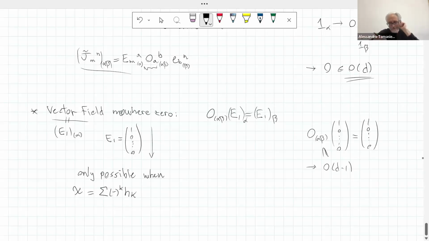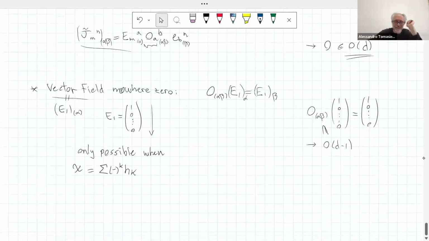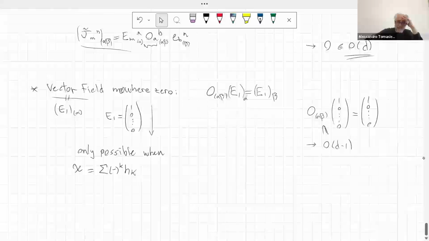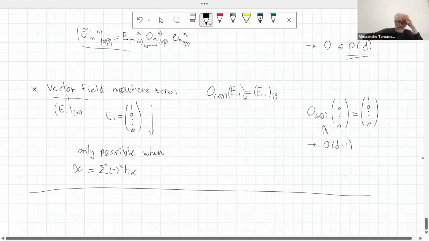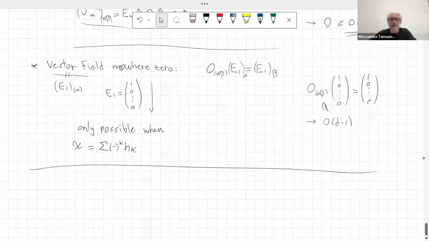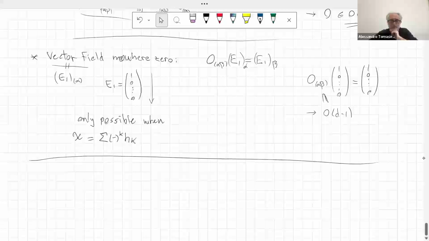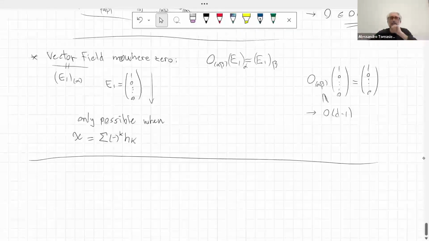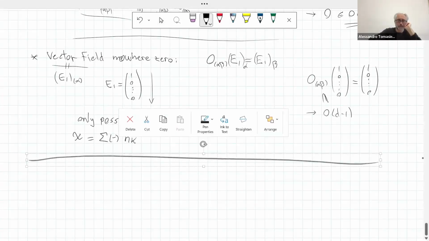Since we talked about the homology groups, this is an application. I was saying there are many examples like this that are relevant in mathematics, but for us, we will not be really interested in the existence of a globally defined vector per se, but we are interested in the existence of an everywhere non-vanishing spinor.